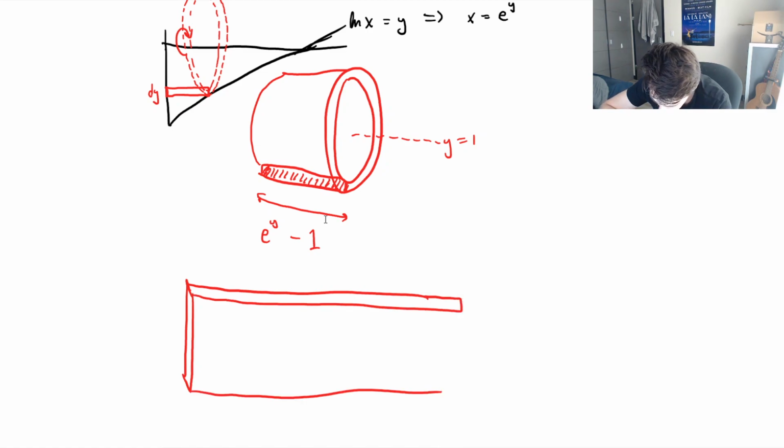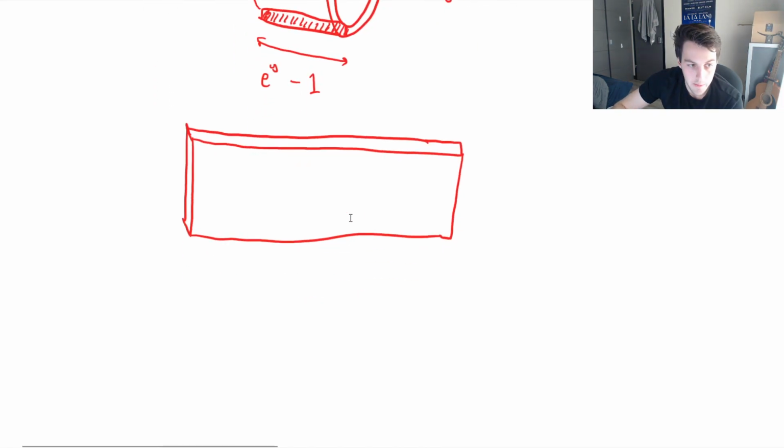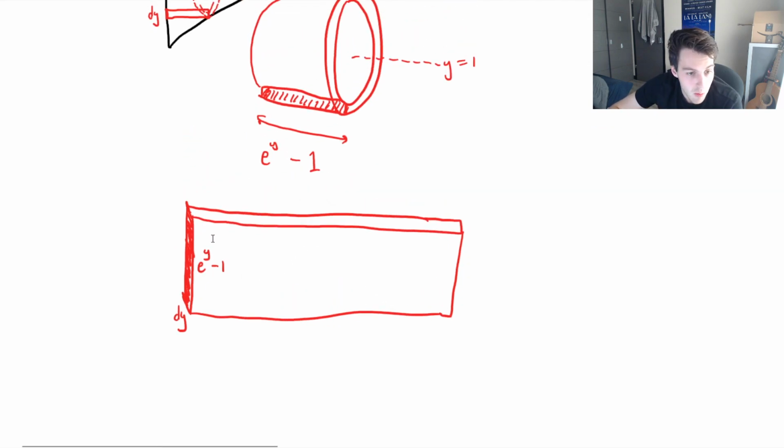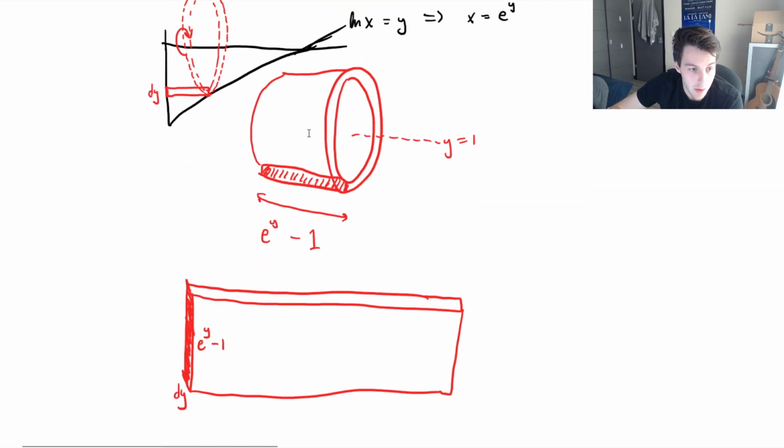It'll look something like this, right? And this was our original rectangle that we've constructed. So we know that it has a thickness of dy. It has a height of e to the y minus 1, depending on where we are from y equals 0 to y equals 1.